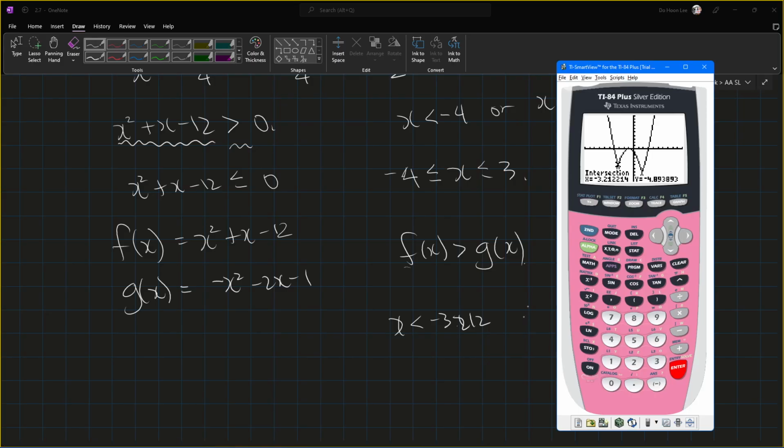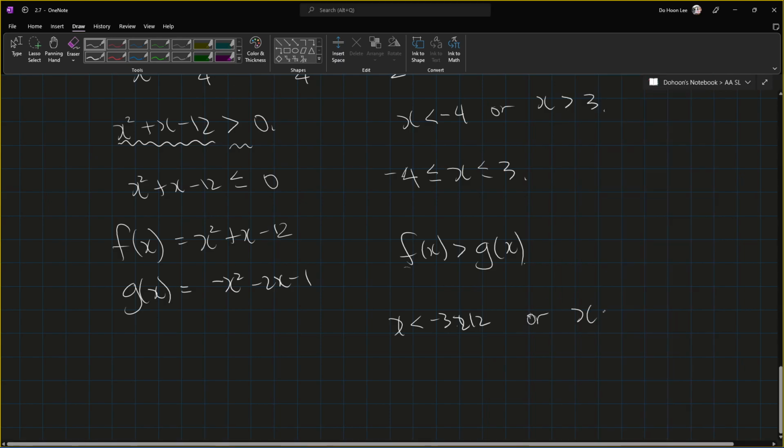And also, let's find the second intersection point. The cursor is about there. Enter, enter, enter. And the second intersection happens at 1.712. So now we can say that x is less than -3.212, or x is greater than 1.712.